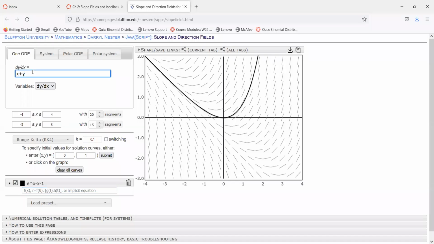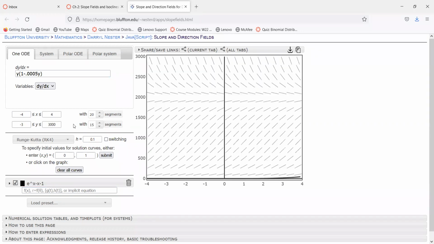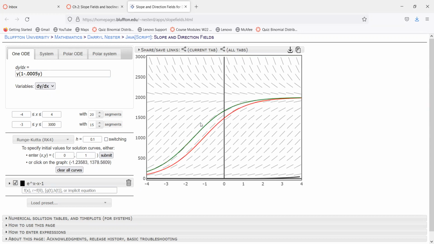Here you have N, so let's convert N into y: y times (1 minus 0.0005 times y). I'm going to increase the range to 3,000. Very well. So here we have the slope field for this differential equation. Let us take a look at the behavior of these curves.